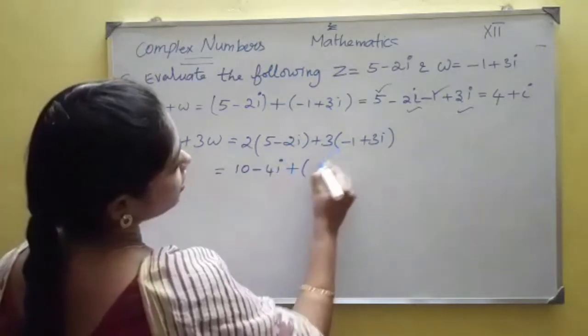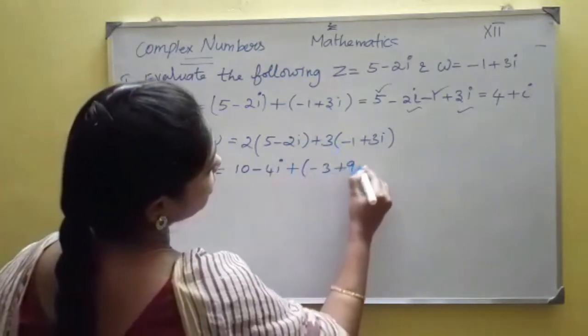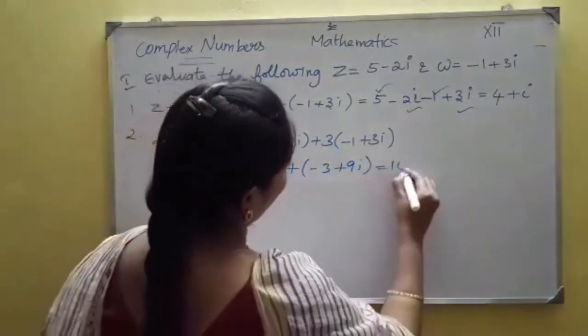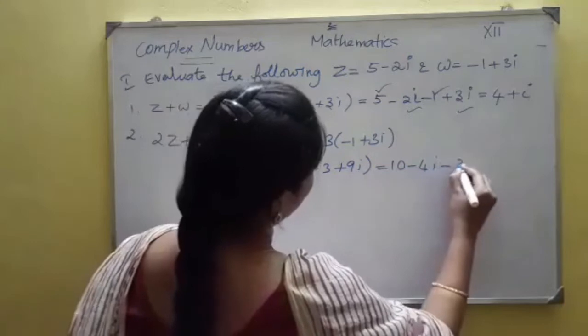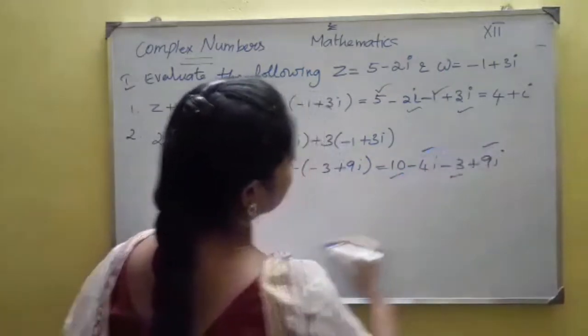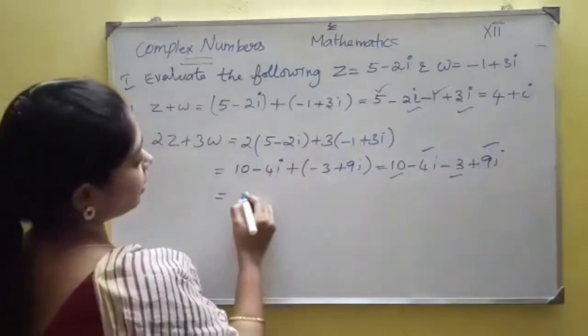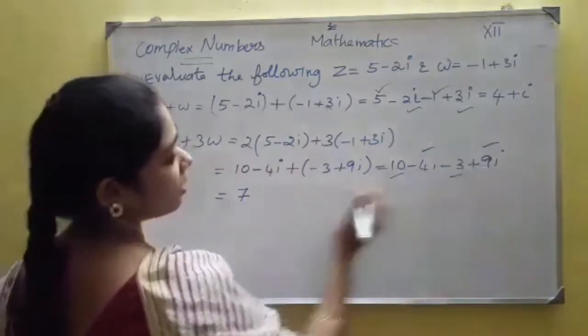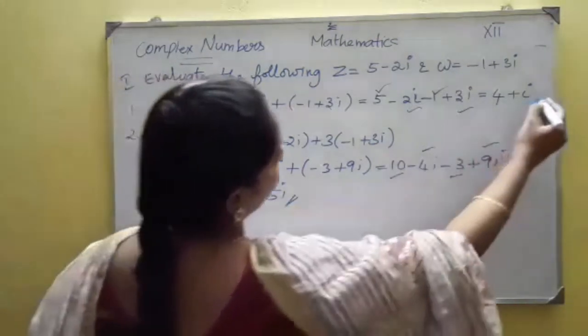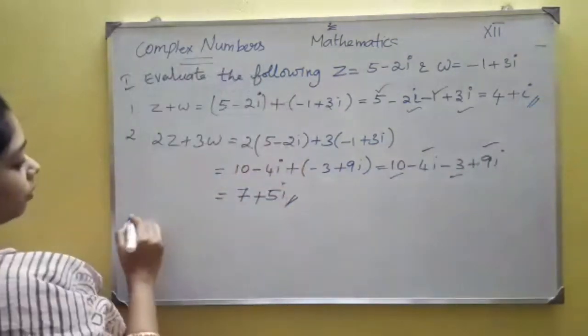Now this is minus 3 plus 3 threes are 9i. Now you want to add two complex numbers. 10 minus 4i minus 3 plus 9i. Add the real part and the imaginary part separately. 10 minus 3 is 7. Minus 4 plus 9 is 5i.